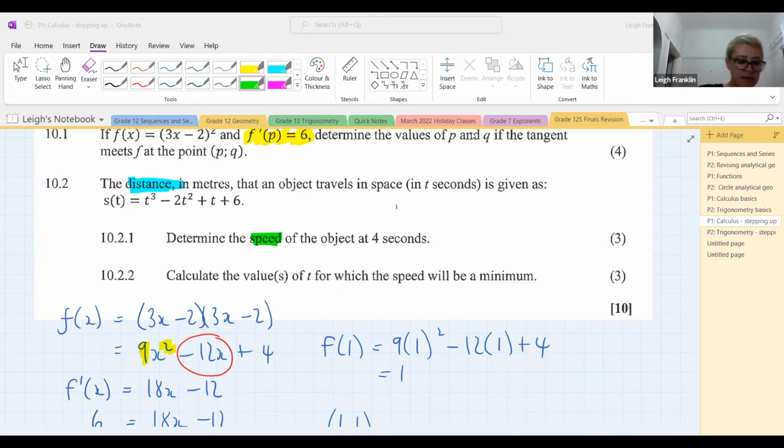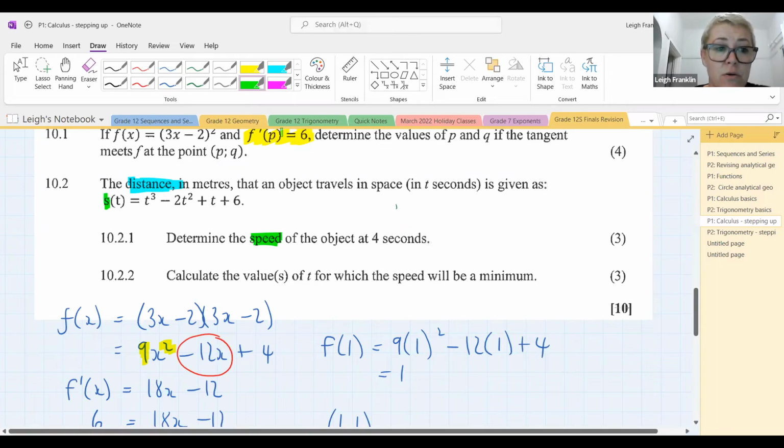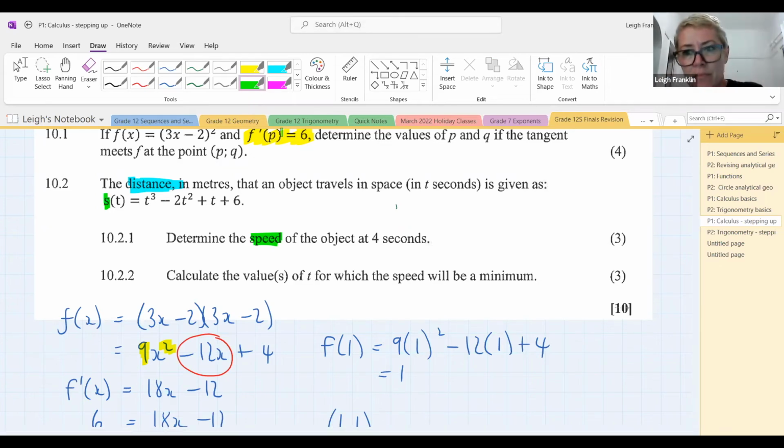Okay, sure, with pleasure. The idea is that the distance that you travel depends on the amount of time that has gone by. S is the symbol for distance, and it's distance with respect to time, how far you went with respect to time.